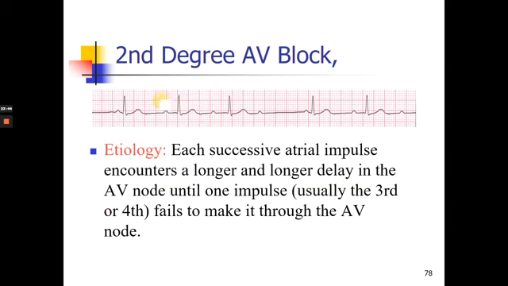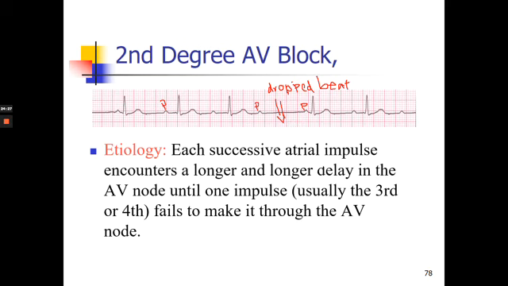Look here to this P followed by QRS. These two P's here, one P here and one P here. Here we have a dropped beat. Here P's, here PQRST, PQRST, and so on. This is second degree heart block.